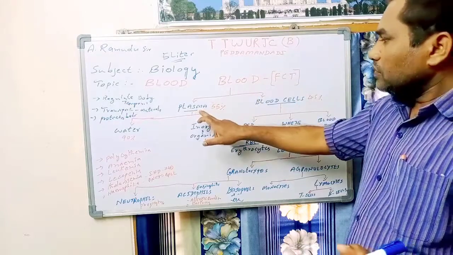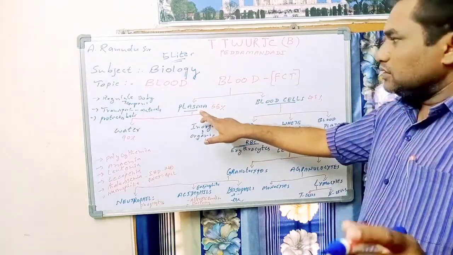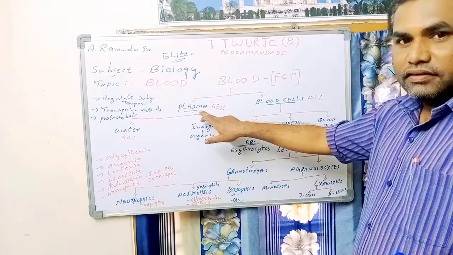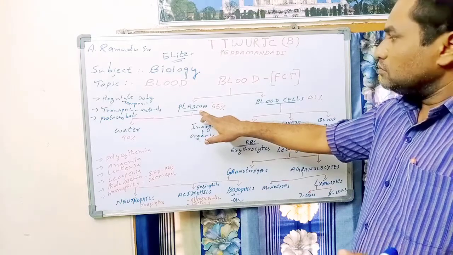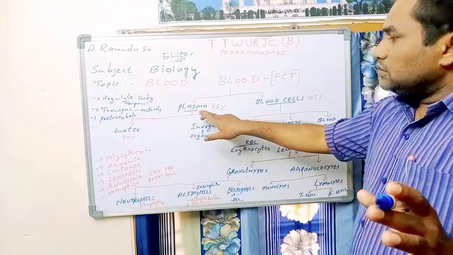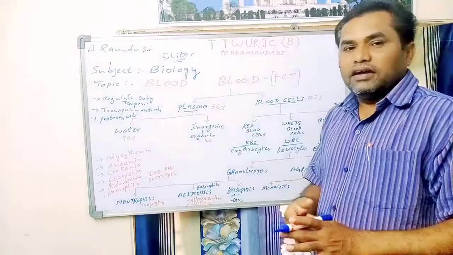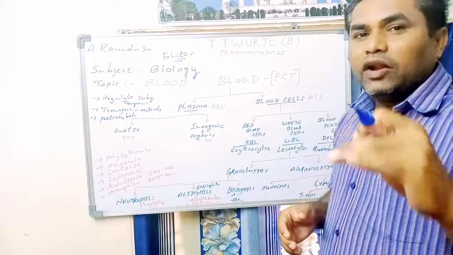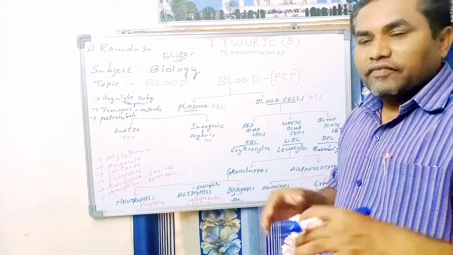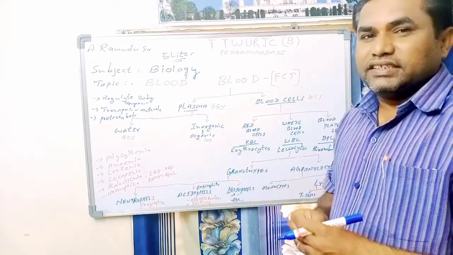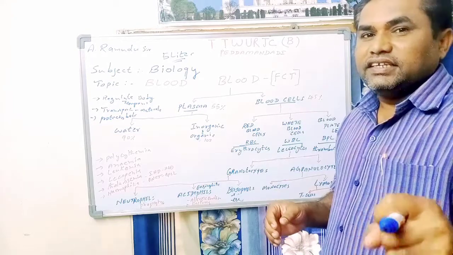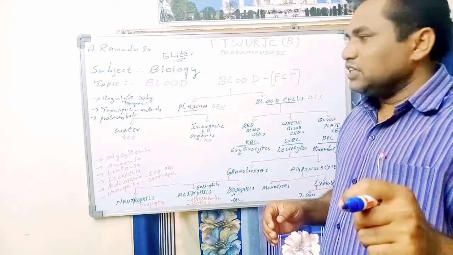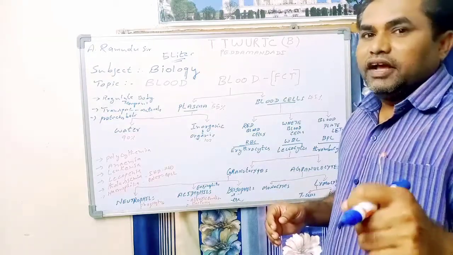So now, plasma is 55%. Plasma is a clear yellow colored fluid which is present among the blood cells, which consists of organic and inorganic substances and water.